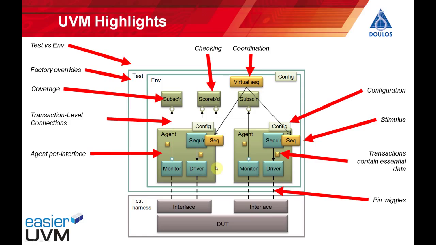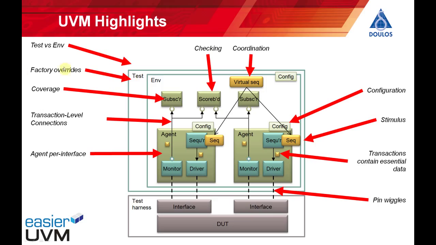So each time in UVM you create an object, and that could be an object such as an agent or a driver that's created at time 0, or it could be an object that's created dynamically during simulation, in particular sequences and transactions, the factory comes into play. Each time a sequence or a transaction or a component is instantiated in UVM, the factory comes into play. And factory overrides allow you to come along after the fact and replace the type of an object that's being instantiated with a different object type.